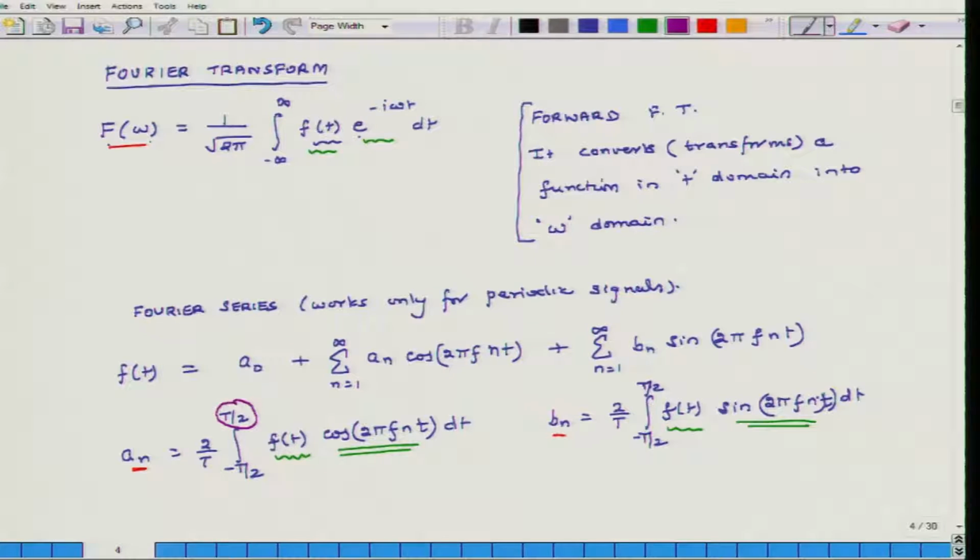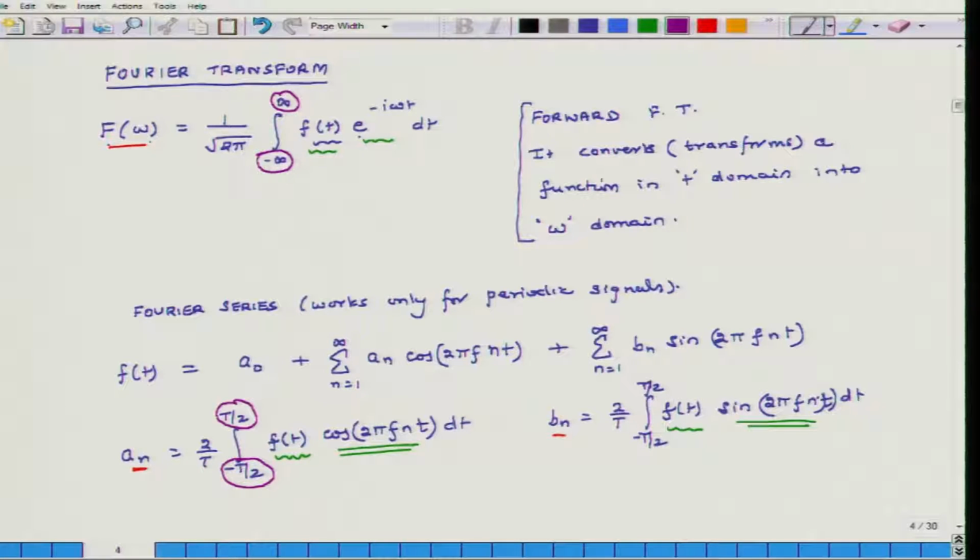Minus T over 2 to T over 2, okay. And what does T represent? T represents the time period. Here it is positive infinity to negative infinity.